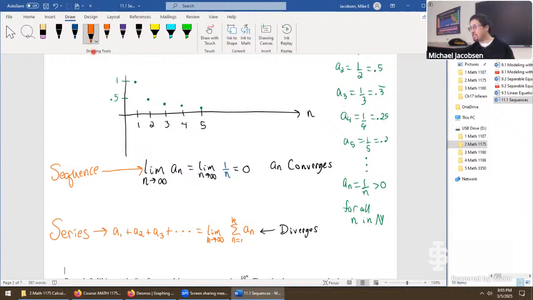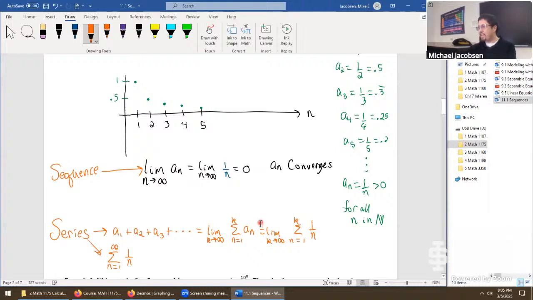That means this series can be re-expressed as summation n goes from 1 to infinity of 1 over n, coming from the an, which is 1 over n. You know, I should probably connect that thought. Limit k goes to infinity, n goes from 1 to k, summation. I just want to say that an is the 1 over n for comparison's sake, and this diverges.